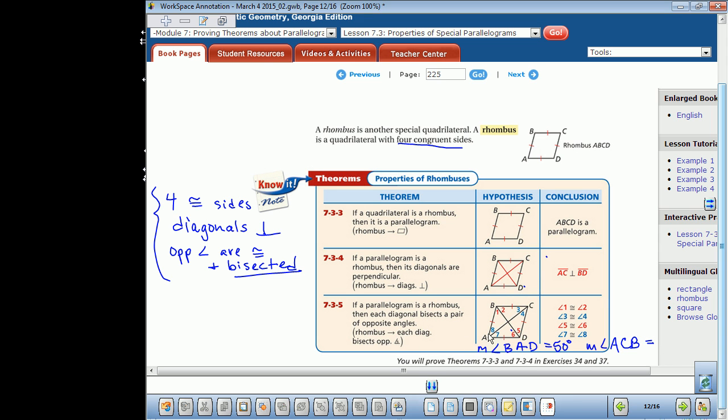So in this problem, if I told you that angle BAD was 50, we also know that angle BCD would have to be 50. And because these are bisected, that means that this is congruent to that, which is congruent to that, which is congruent to that. So we could just take this and divide it by 2, couldn't we? And get 25 degrees.